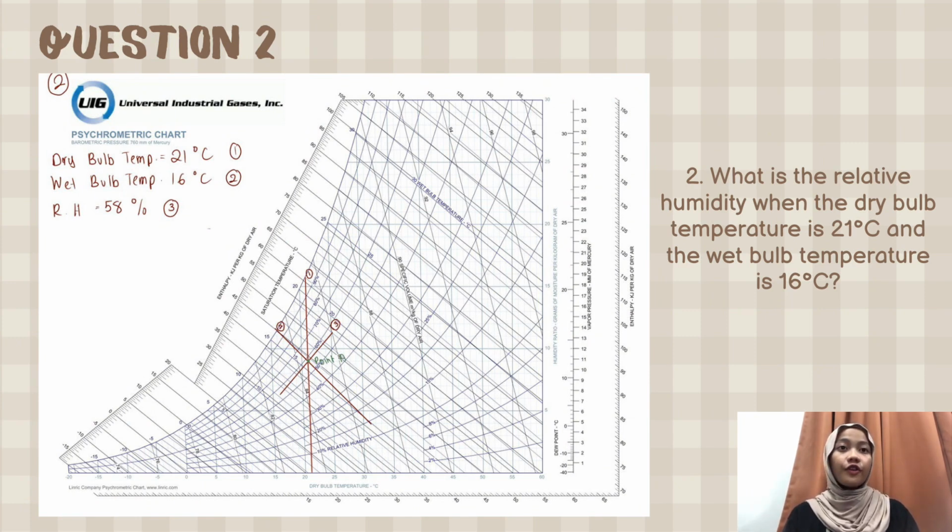After that, from the point, set 45 degrees, then draw a line. Then we can see that the first and second lines collide and point A is created. And then draw a third line to read the value of relative humidity. So we get the answer, 58% on the chart.